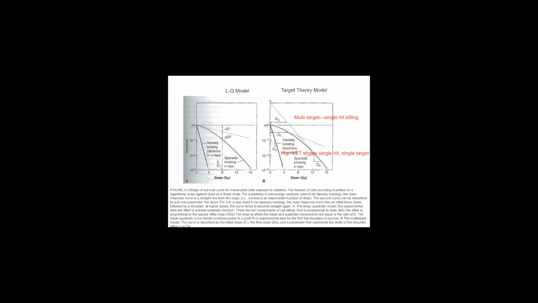The answer is 1. So those parts of the target theory model you need to know. I haven't seen a lot of calculations with it, but you do need to understand these parts of the curve and these comparisons. We'll do a lot more of this as this course progresses, and it will become familiar to you.